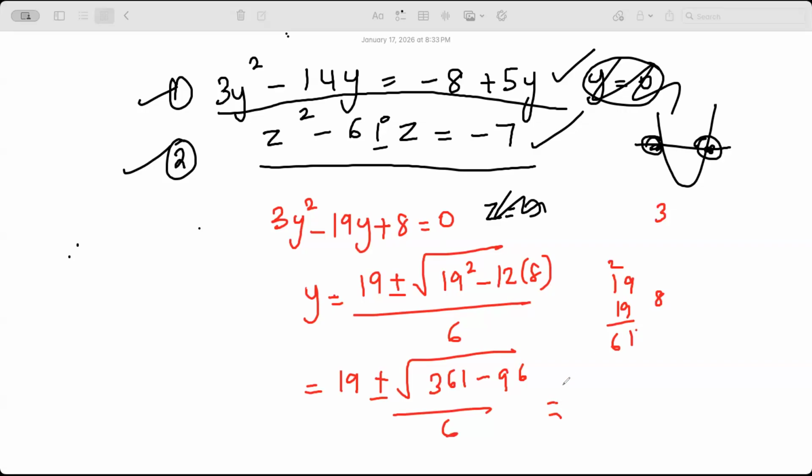So 361 minus 96 is 265. 265 by 6. This is your answer.